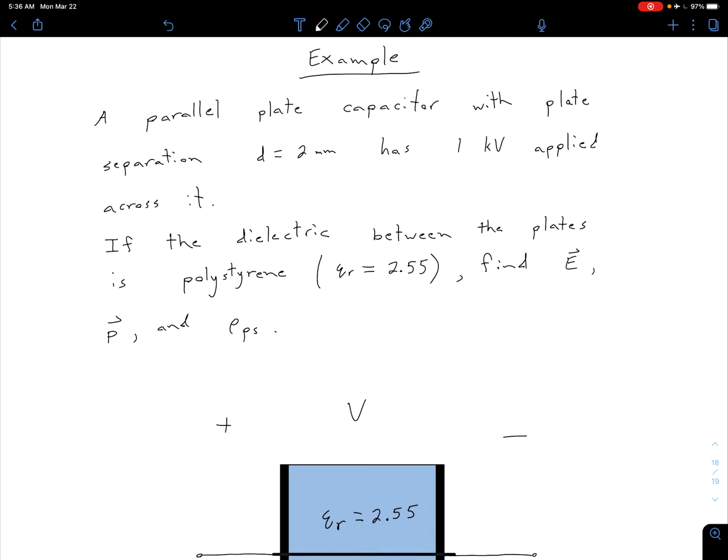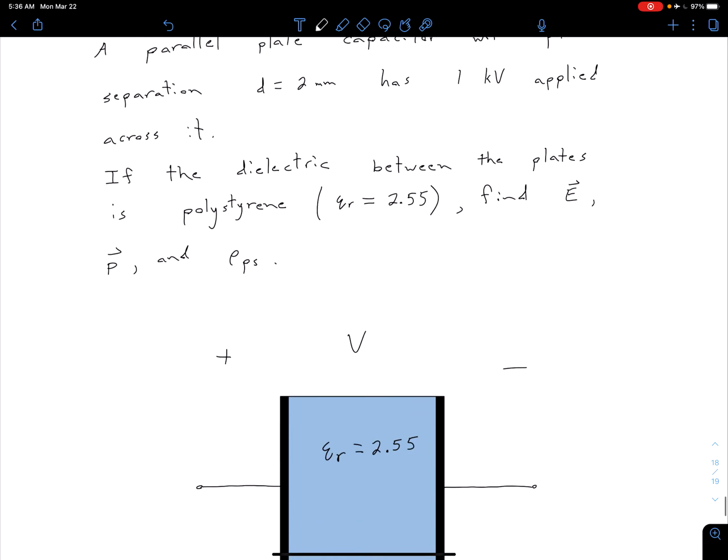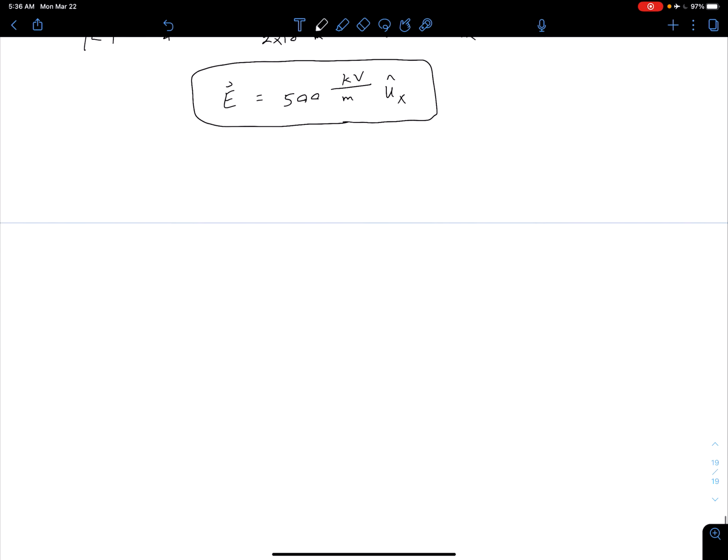Okay, so now we want to determine our polarization P. Using our equations, we know that our polarization P is equal to chi sub E times epsilon naught E, and we know that chi sub E is the relative permittivity minus 1.